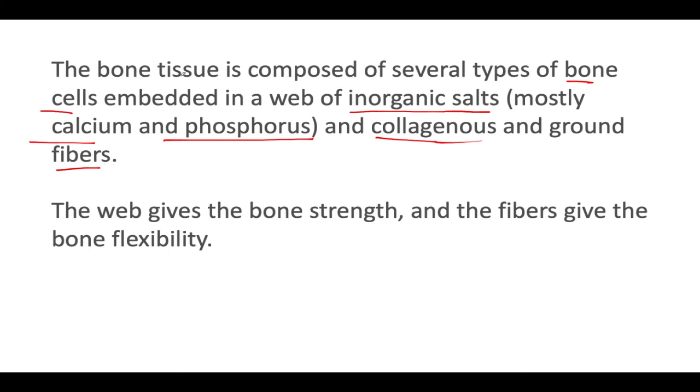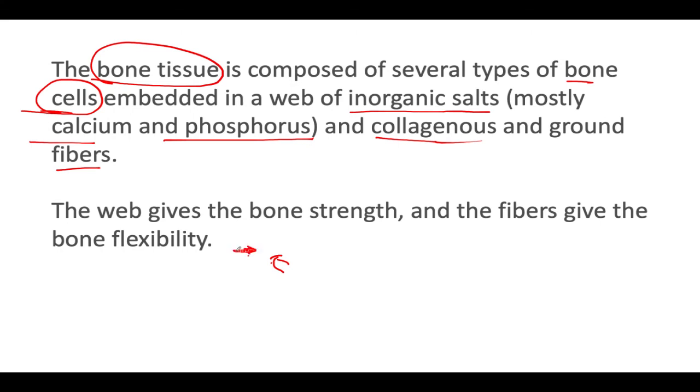So, what is bone tissue? It has what? Bone cells. And so what are we talking about here? The bone is continuously being shed off, and new bone is being formed.